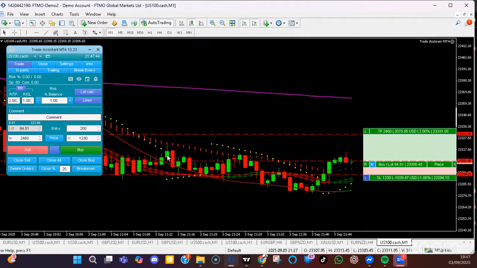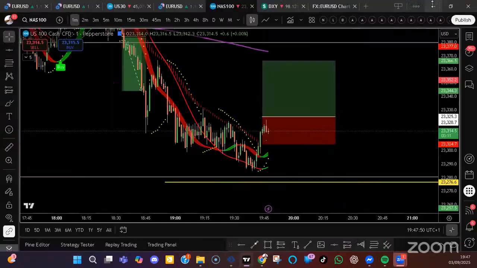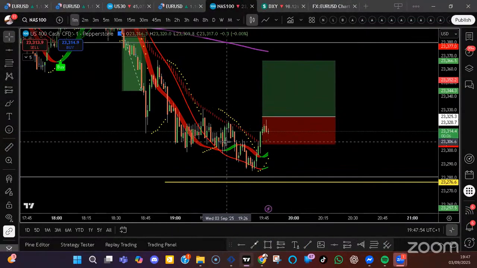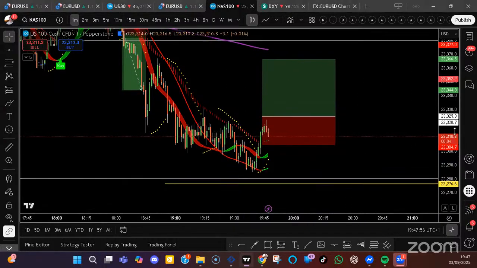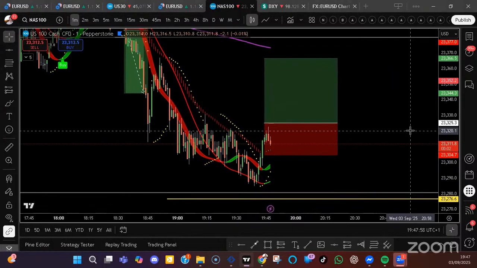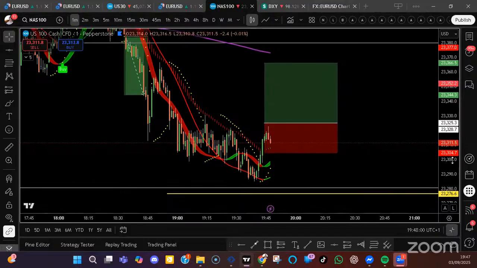I haven't got the confirmation of it going into the buy zone. Do you know what? Seeing all that, I've talked myself out of it. Not worth it.